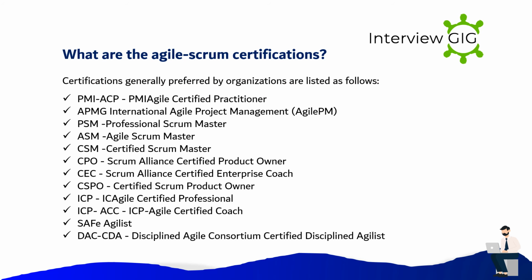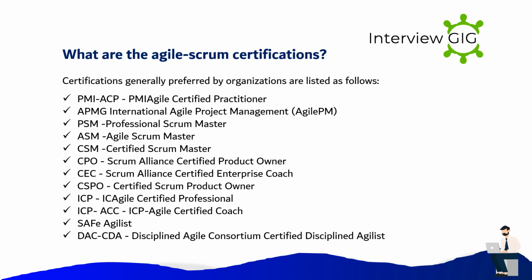What are the Agile Scrum certifications? Certifications generally preferred by organizations are listed as follows. PMI-ACP, Agile Certified Practitioner. APMG International Agile Project Management, Agile PM. PSM, Professional Scrum Master. ASM, Agile Scrum Master. CSM, Certified Scrum Master.